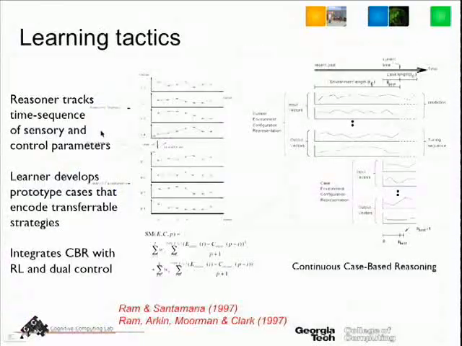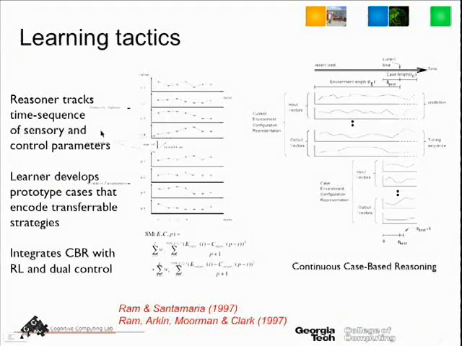I've done some work in this area in a robotics type domain as well. This is work with Juan Santamaria, one of your fellow students many years ago. Here the idea is that we keep track of a time history of sensory readings or perceptions from the game world as we are playing it, as well as a sequence of actions that were performed.